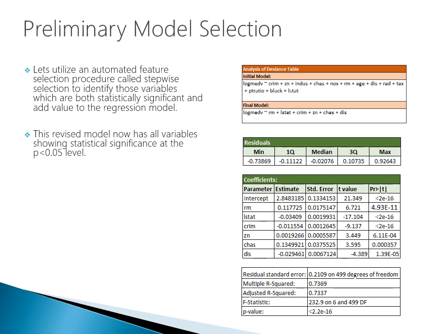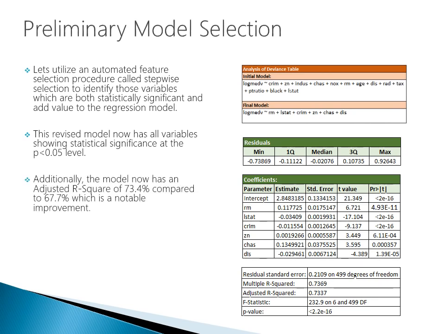So I calibrated my model to better suit my needs. Additionally, the model now has an adjusted R-squared of 73.4% compared to 67.7%, which is a notable improvement. So not only do I have statistically significant coefficients, I have an increase in predictive performance over the previous model.